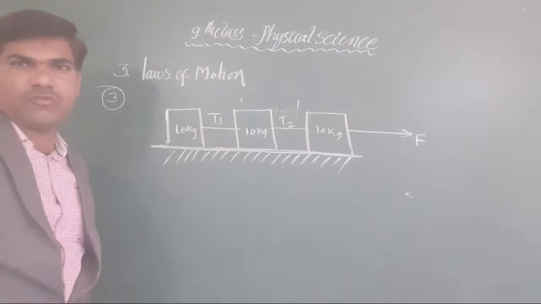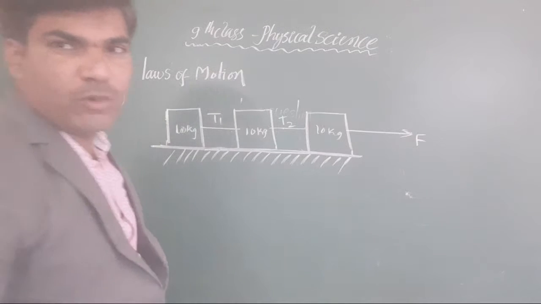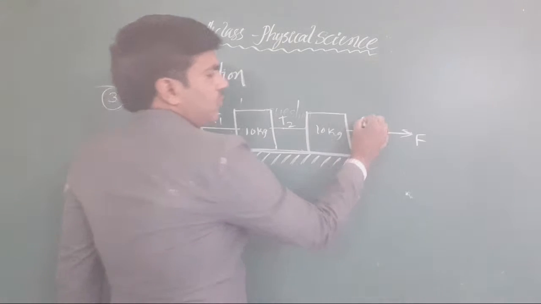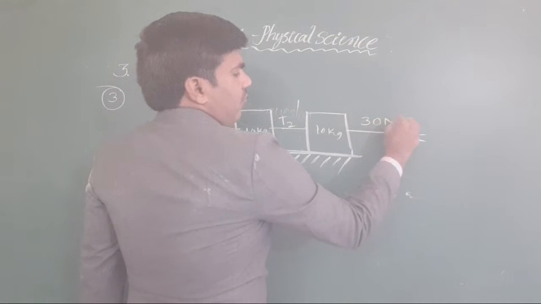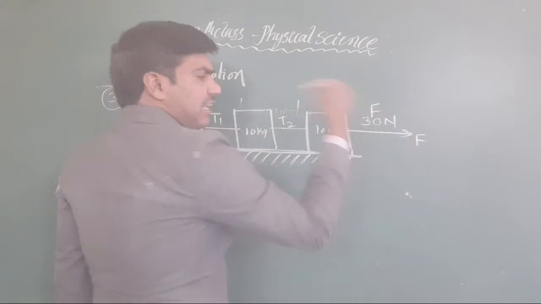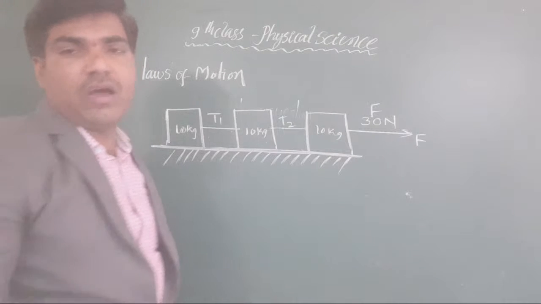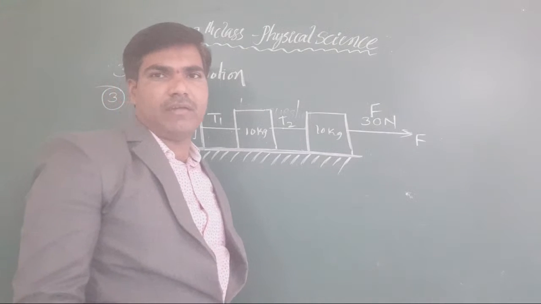Got it, all the students? It is a simple thing only. Don't get confused about this. Here what force is applied? There is a tension force only. 30 newtons force is applied here.